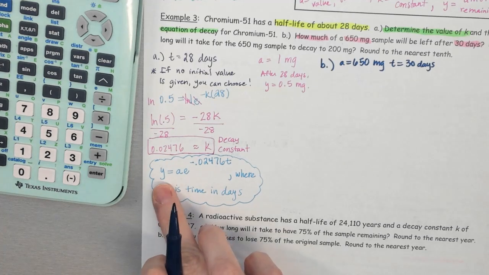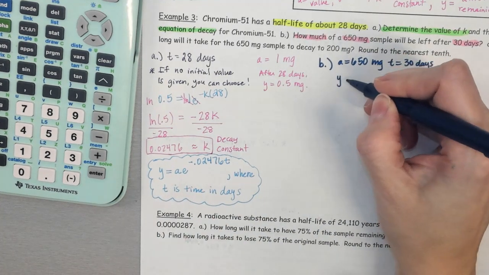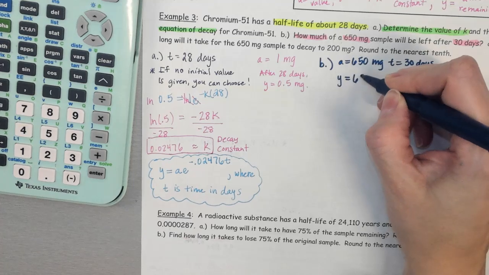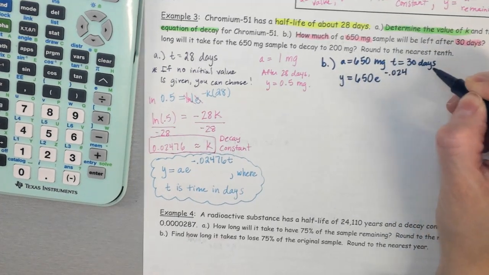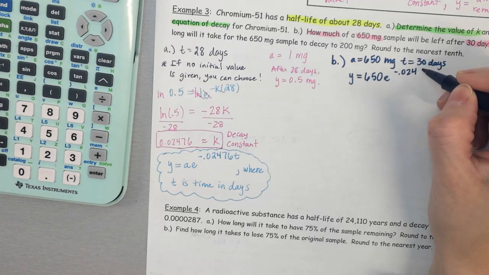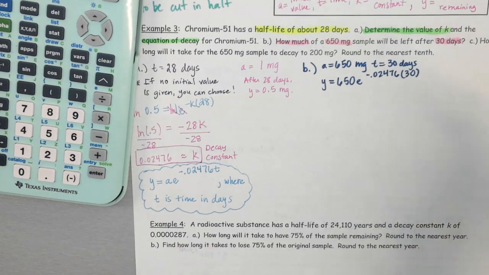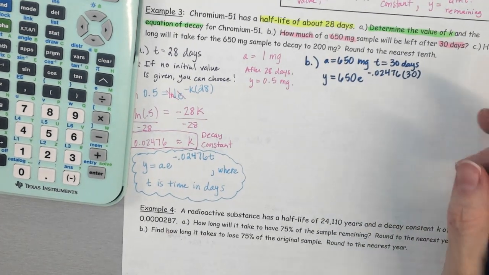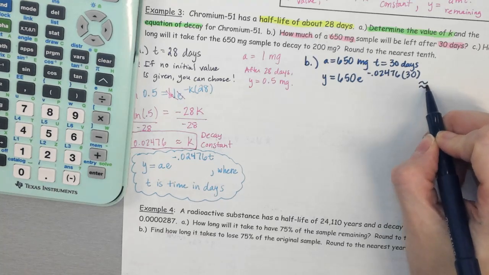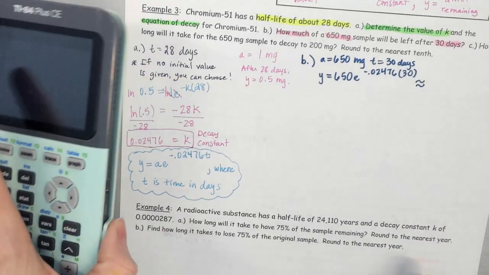And you can just plug this into your model. So Y equals 650 e to the power of negative 0.02476 times 30. And again, it doesn't tell you what to round to, so you can round to the nearest 100th or 10th.